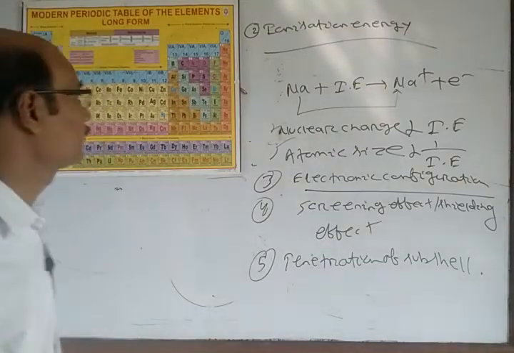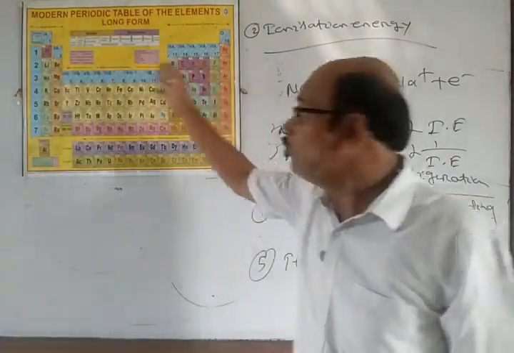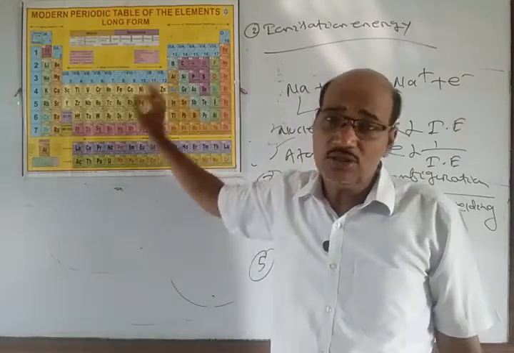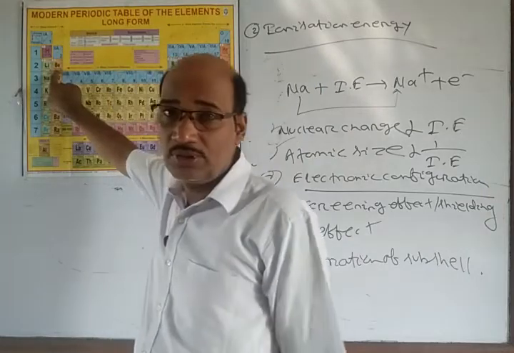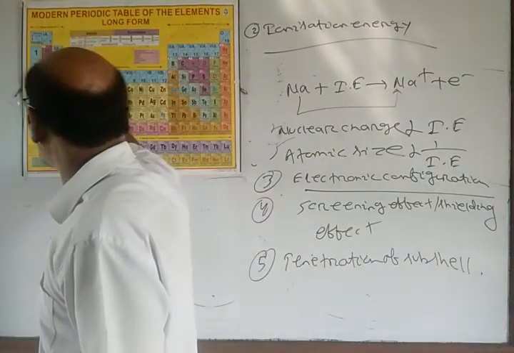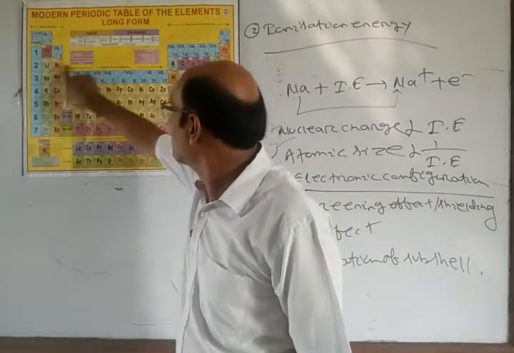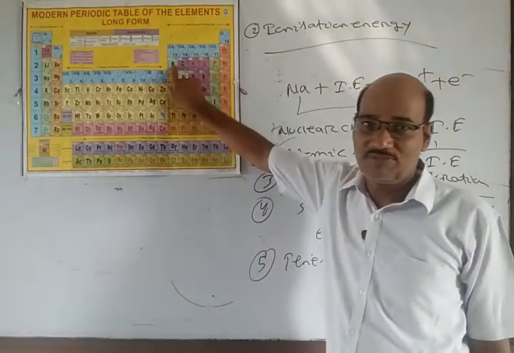Again you see, normally we know when we move in a period from left to right, the ionization energy goes on increasing. But here you see beryllium. Beryllium has an ionization energy of 899.4, but boron has 800.6.